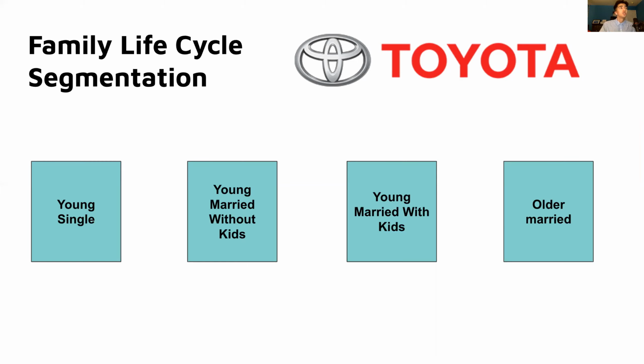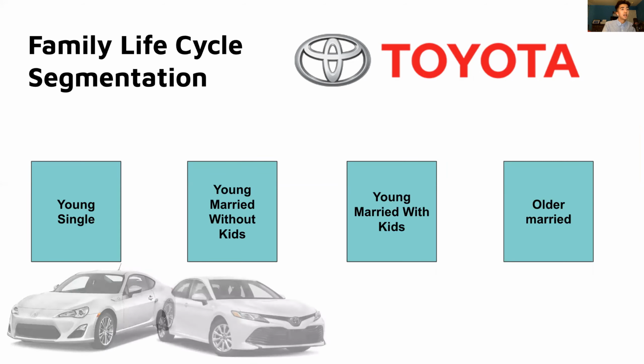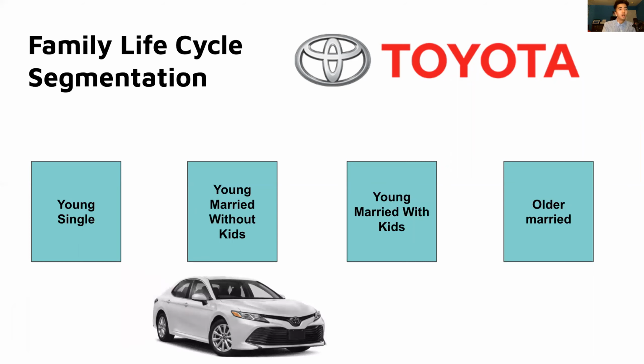So we're going to show an example with Toyota here. If you're young and single, the Scion FRS, Scion, which is owned by Toyota, would appeal to you. But maybe you get married and you need a more economic car with a little more space. So you sell your Scion FRS and get a Toyota Camry. This has higher gas mileage, so it might appeal more to a young married couple without kids. And then you have children and you need space for the soccer games, for your children, for their friends.